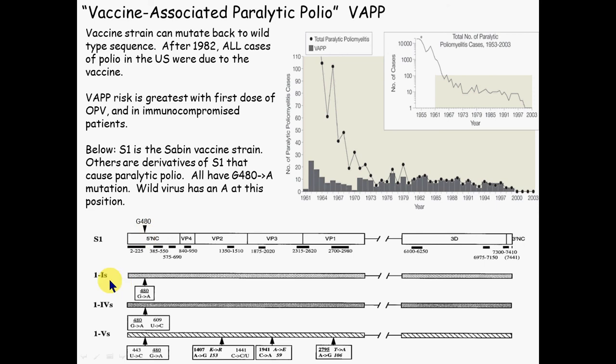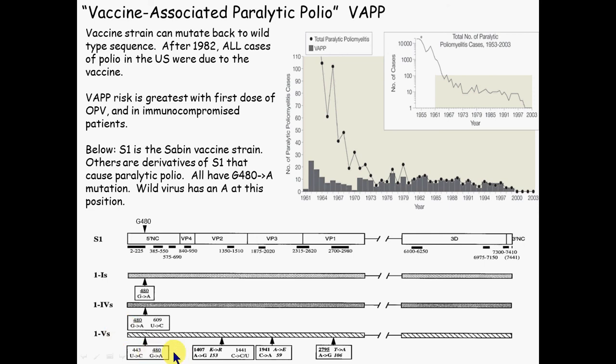So if you get victims of vaccine-associated poliovirus, people that took the vaccine and developed polio, and you isolate virus from those people, they have a mutation from G back to A. That's the wild type residue. So it mutates back in all these cases here, that and that.